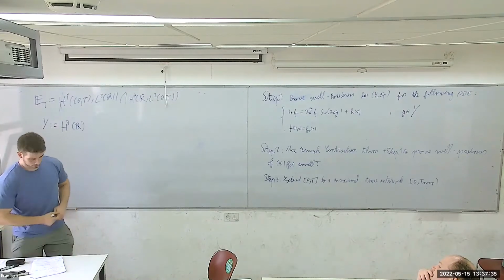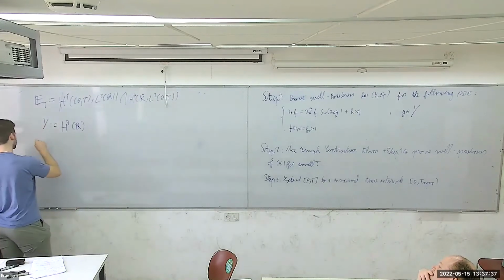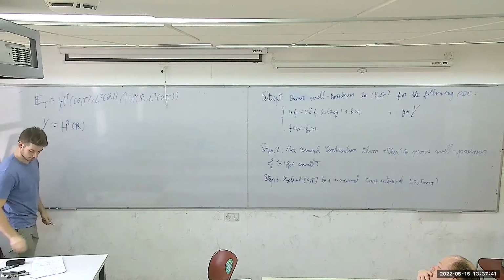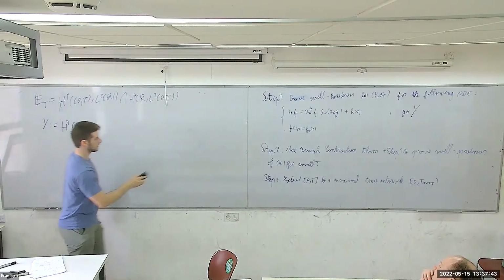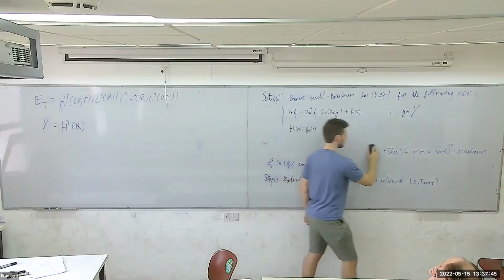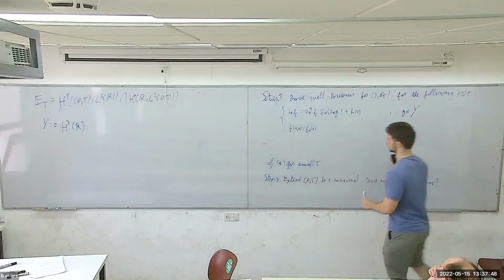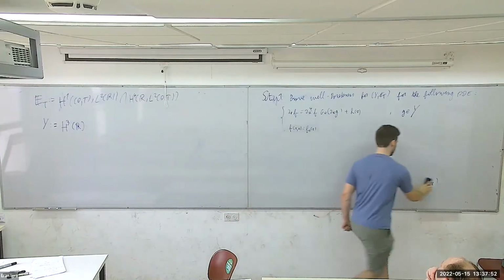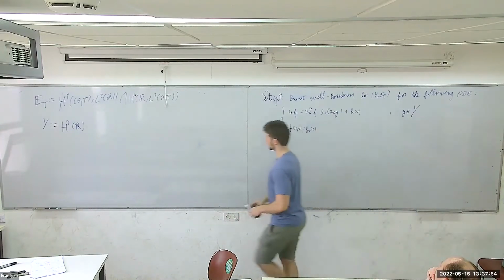Okay, so step one. Oh, actually, I already wrote step one there. Okay, so we'll do step one. We prove well-posedness of this PDE here. So how do we do it?